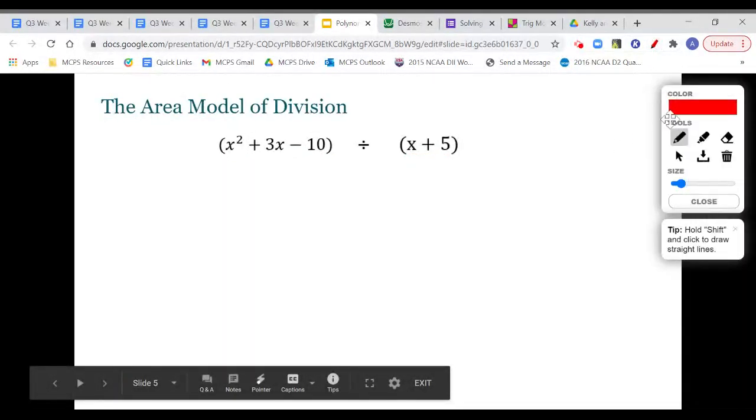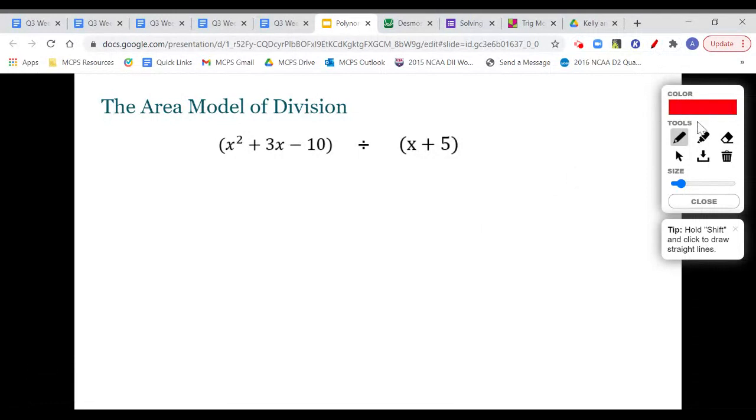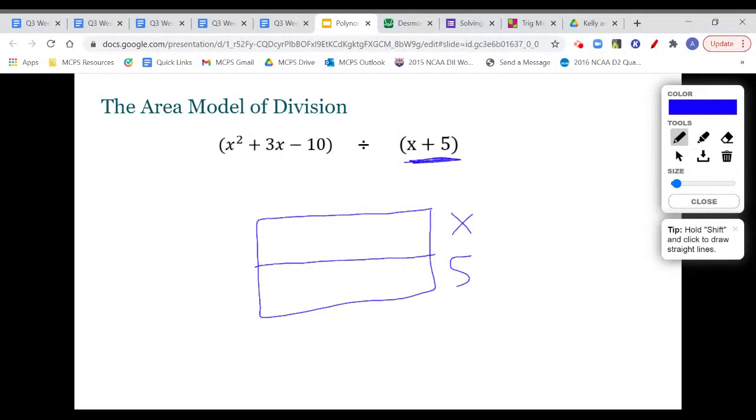Looking here at the area model for division, I'm going to go ahead and set up my box. I know my box will have the same number of rows as terms in the divisor. So I know there are 2 rows, one is x and one is 5. Now, to figure out how many vertical lines I have to draw, I need to know the difference in degrees.